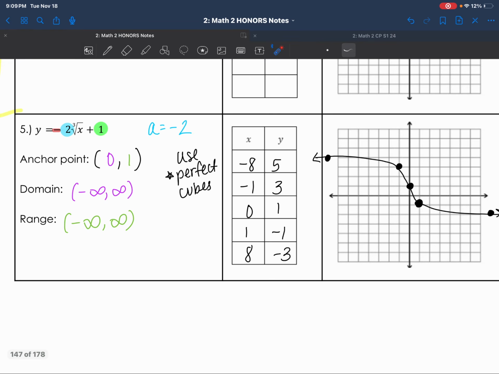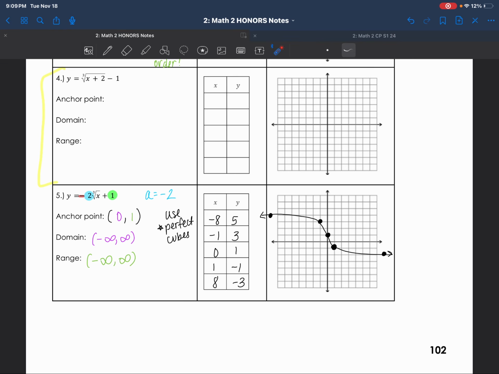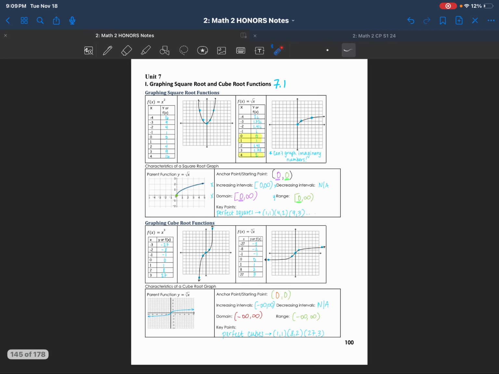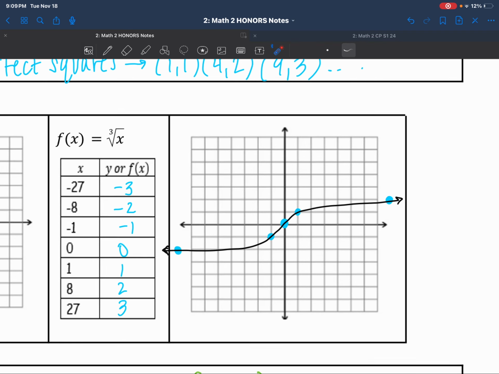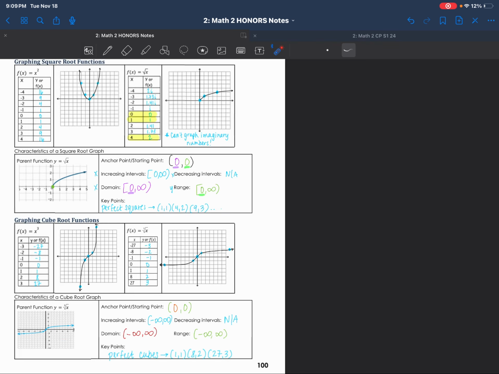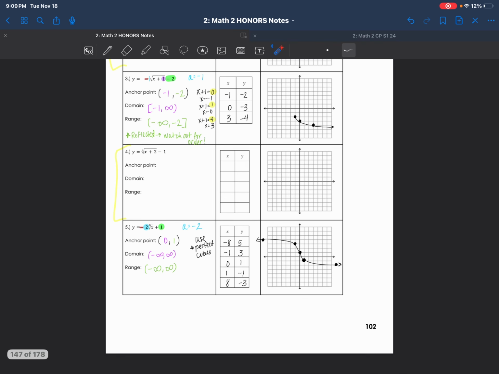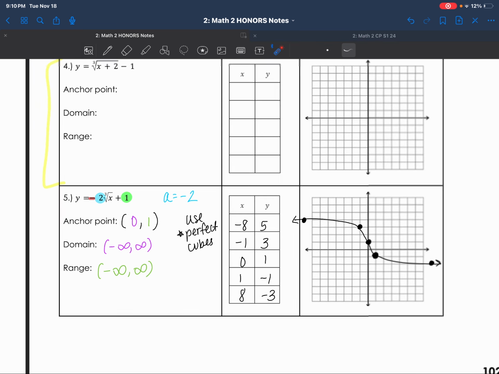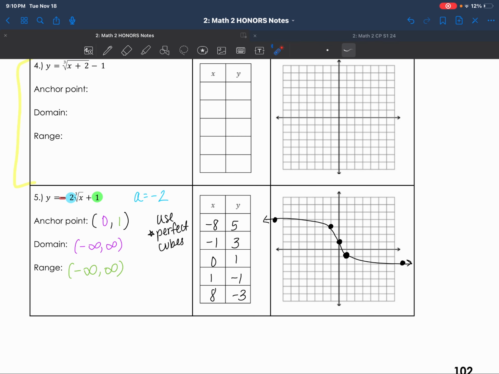All right, so now when we graph it, if you noticed on the original parent function, it went like this. But that's because a was positive. So now if we go back here and we look, since a is negative, and it's a -2, it's going to be a little bit further apart.